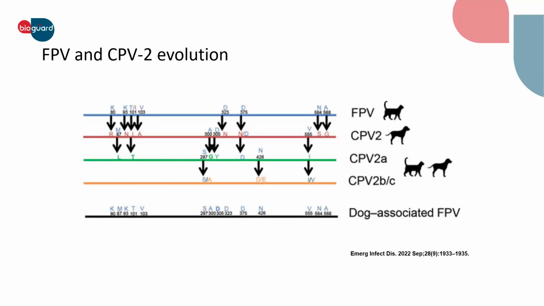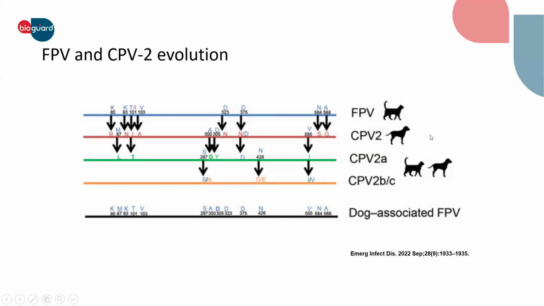When the FPV first infects the cat, it may then infect other species like raccoons or foxes, and then it can become infectious to dogs. During the 1970s, the VP2 protein of the FPV virus underwent some amino acid mutations. With those amino acid mutations, it became the CPV2. And at that time, the CPV2 could only infect dogs, but could not infect cats.